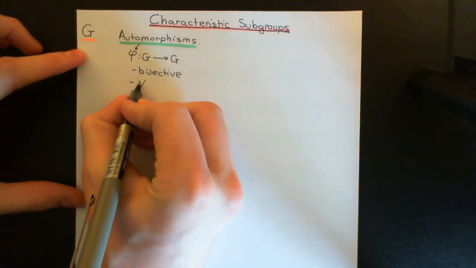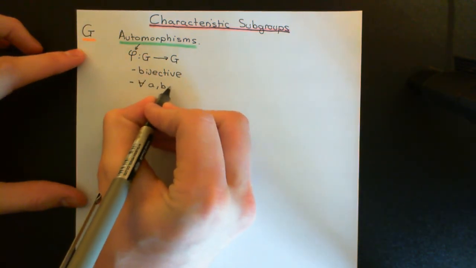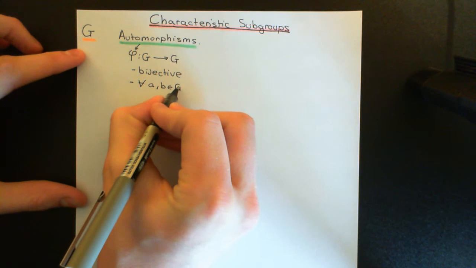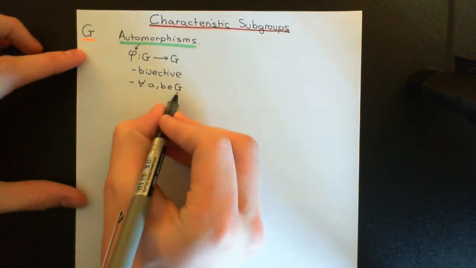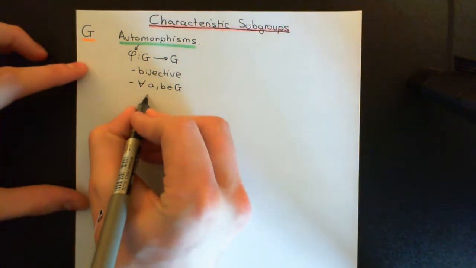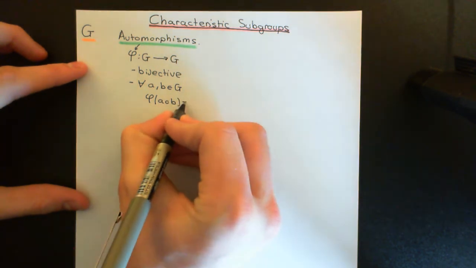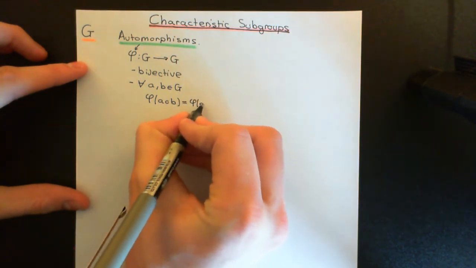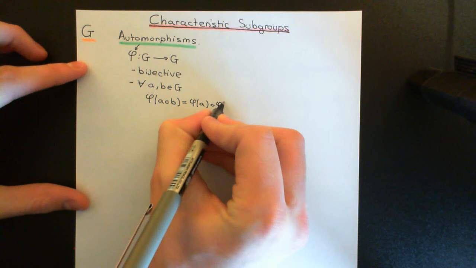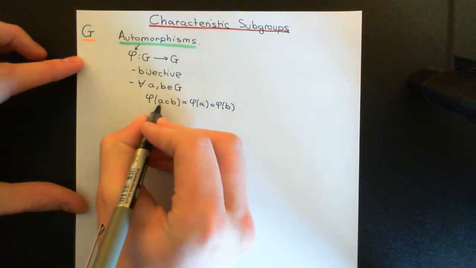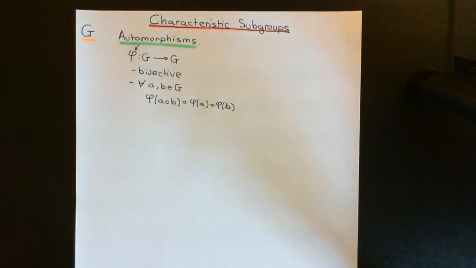So for all a and b that you can possibly dream up from the domain group, G here, it must be the case that phi of a composed with b is equal to phi of a composed with phi of b. On the left-hand side, you're firstly composing the two elements together in the domain group, and then mapping the answer into the codomain group.